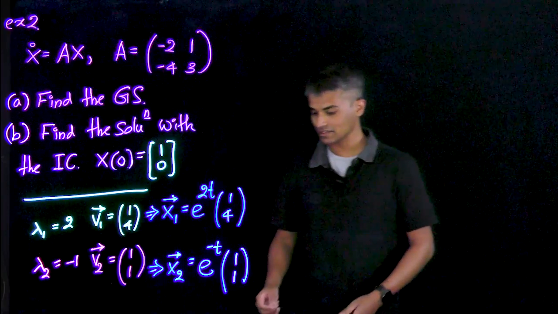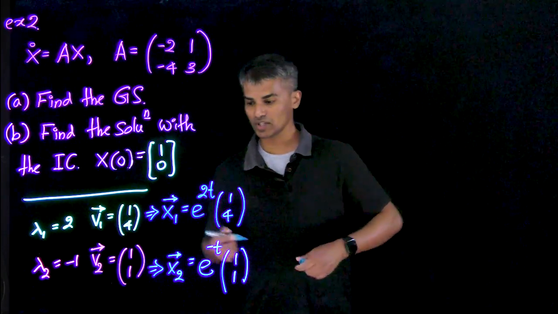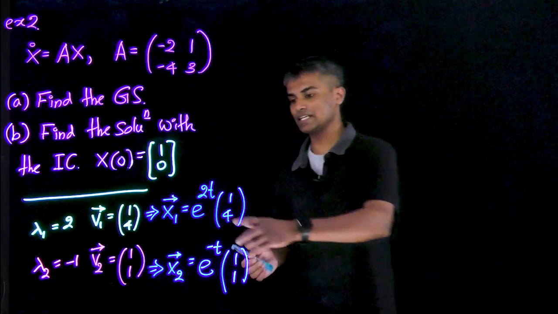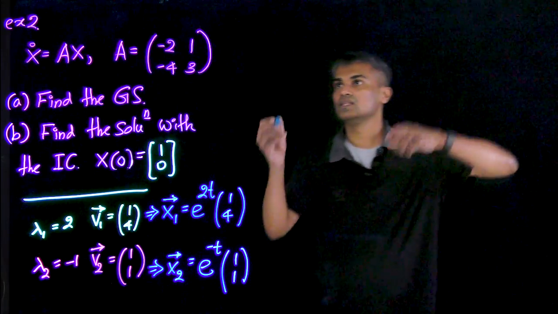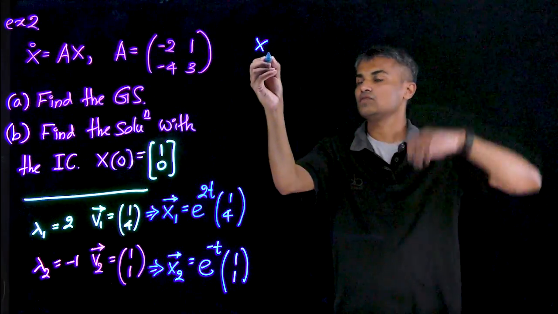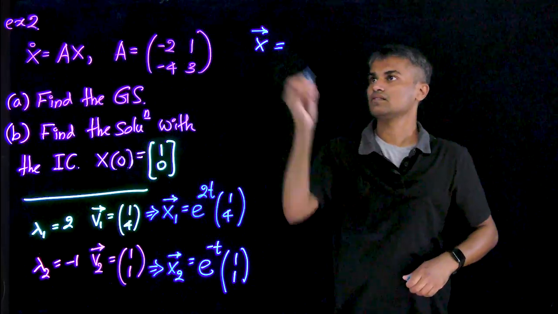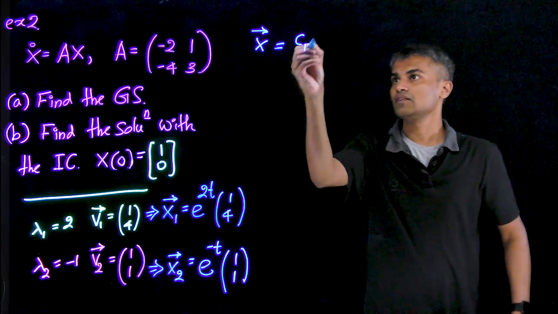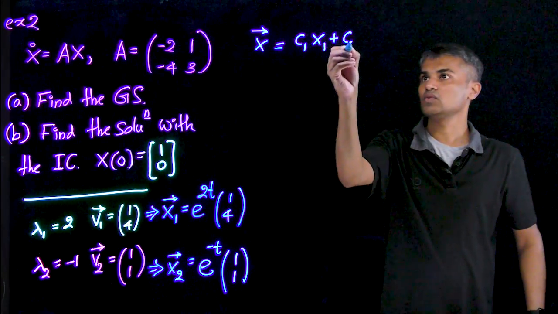Okay, now to get the general solution, we need to consider a linear combination of these two. So let us say the general solution x equals c1 x1 plus c2 x2.